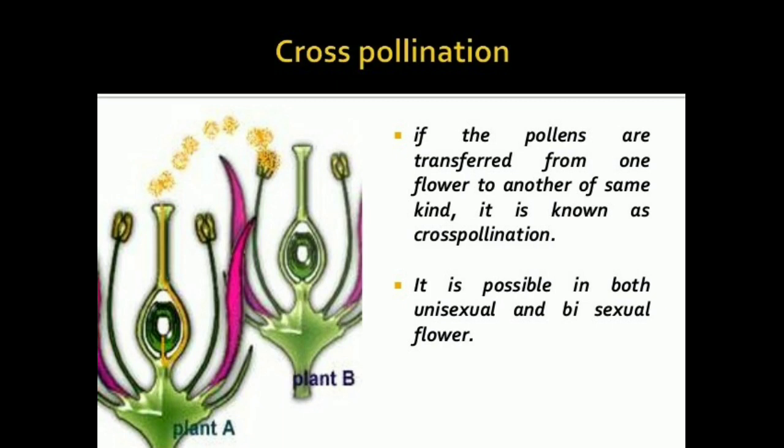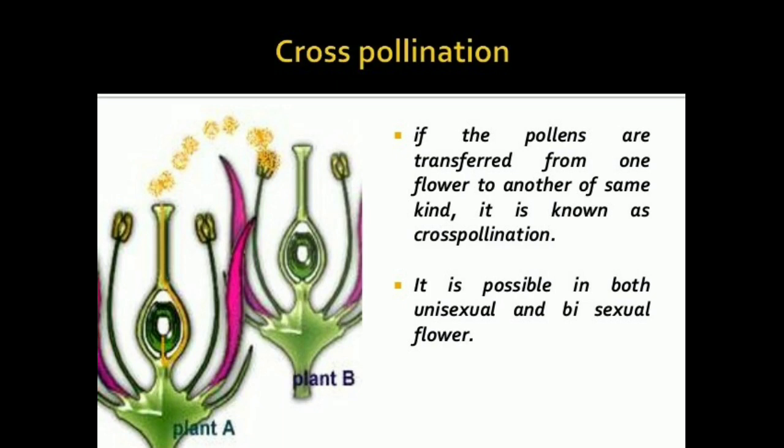For example, we said that papaya is unisexual, right? Only one sex organ will be present in the flower. So the pollens of the male papaya plant have to be transferred to the female papaya plant itself. The flower should be of the same kind. So cross-pollination means if the pollens of one flower are transferred to the stigma of another flower, and it will be in two different plants, not in the same plant.